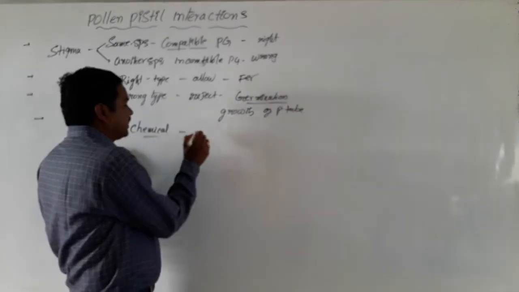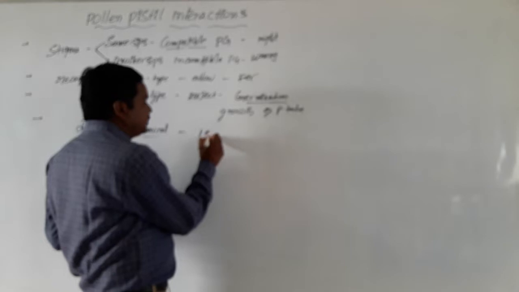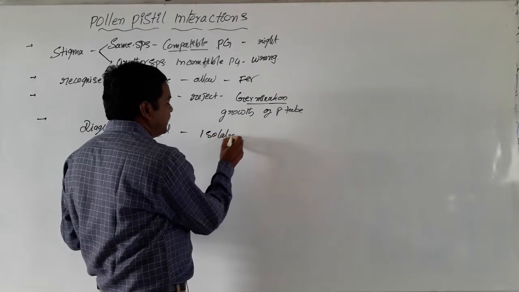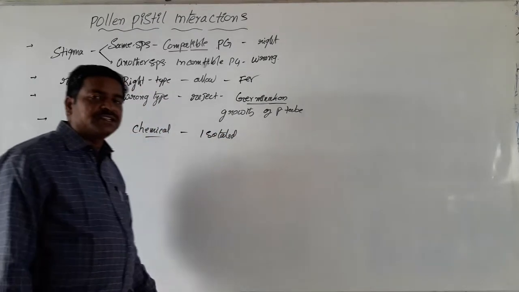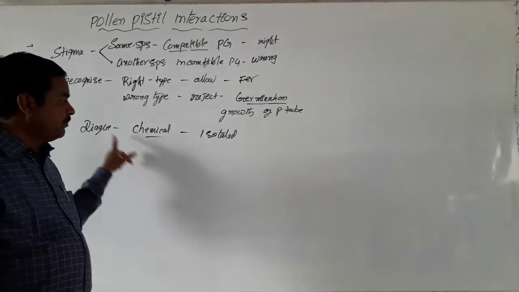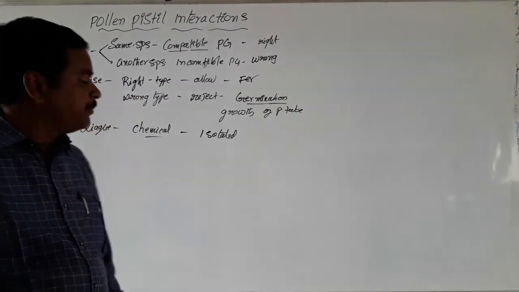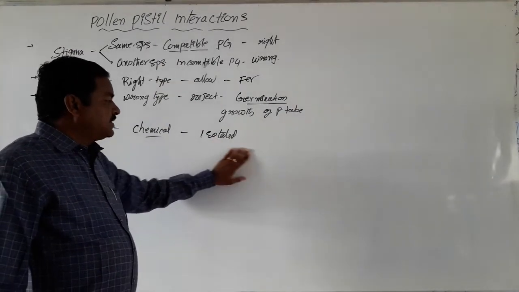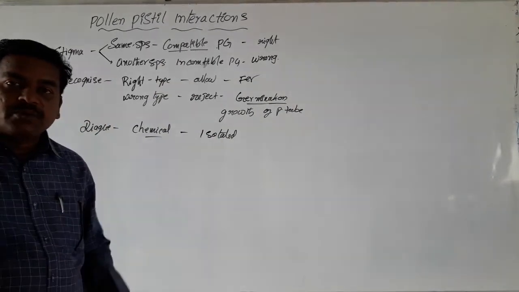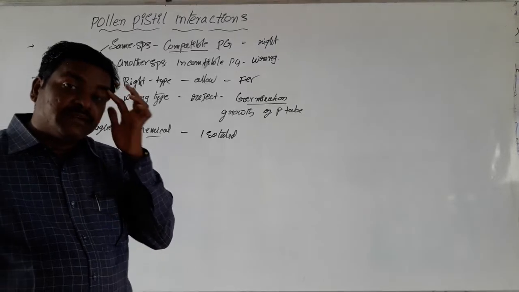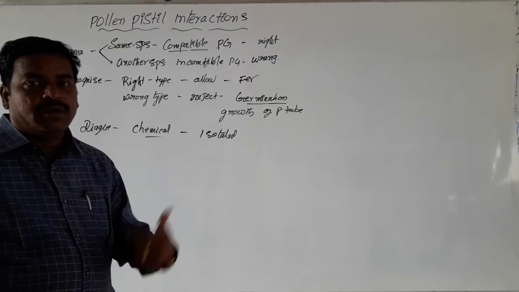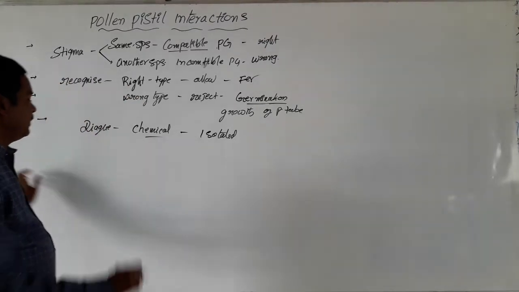This type of chemicals have also been isolated by scientists. So this is the pollen grain, and this stigma has the ability to recognize whether it is right type or wrong type pollen grain.